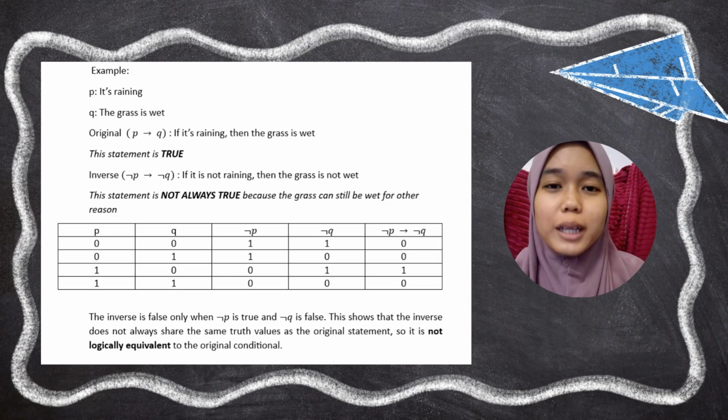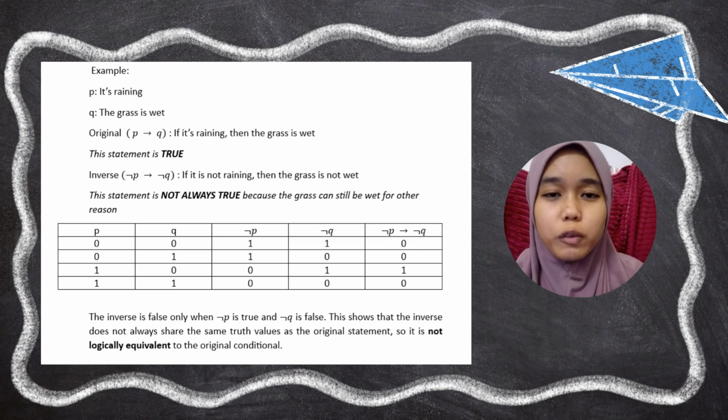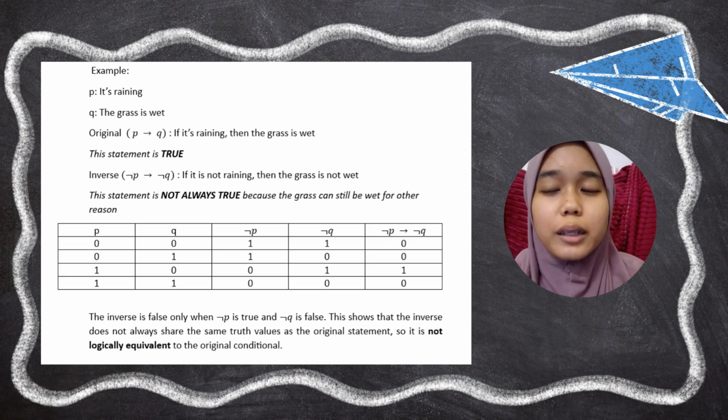So now I will explain to you how to determine whether the statement is logically equivalent or not equivalent. For this example, we have the P is it is raining and Q is the grass is wet. For the original statement, it will be if P then Q, which is if it is raining, then the grass is wet. This statement is true.